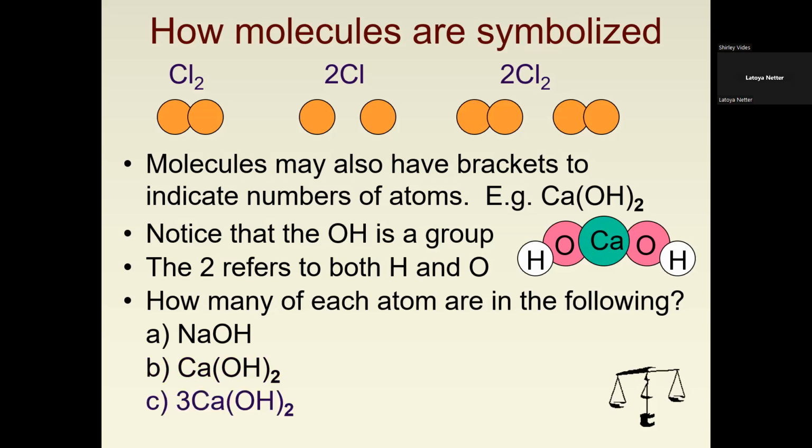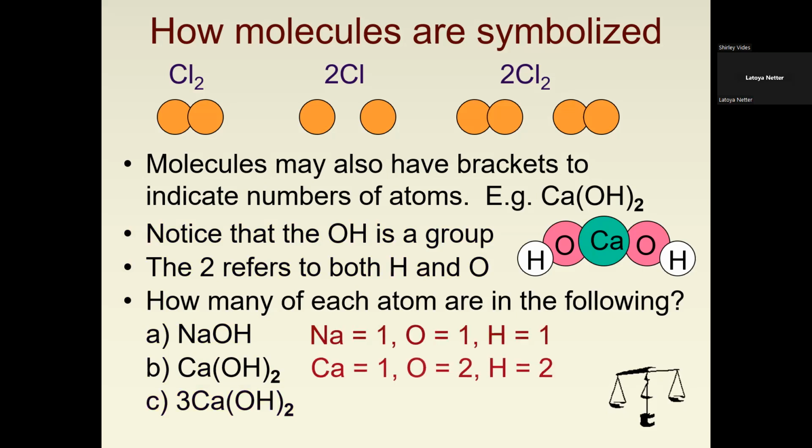And then this one is triple that, right? So it's going to be 3 atoms of calcium, 6 oxygen, and 6 of hydrogen. So that 3 in front is multiplying all of it.